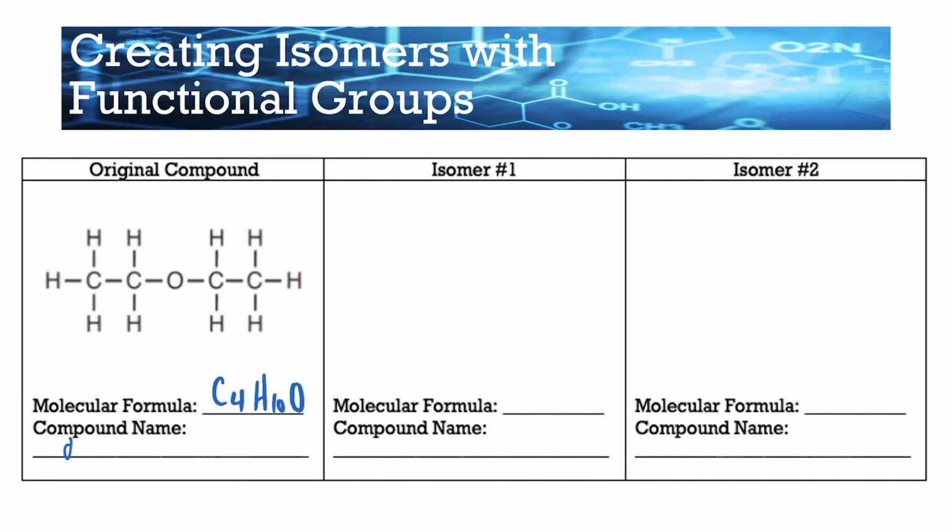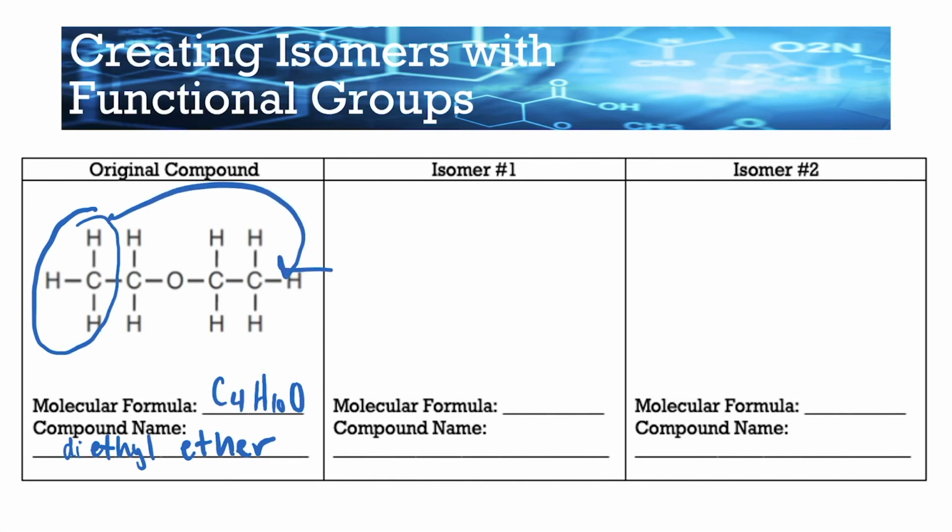And we just went over that it was called diethyl ether. So we can create even more isomers than what we had before. So now, starting with the ether, one of the easiest ways is to take one of these carbon chains and just put it on the other side.